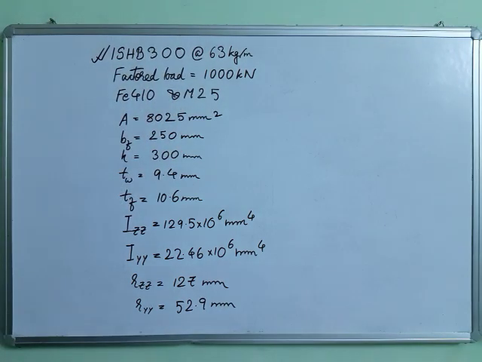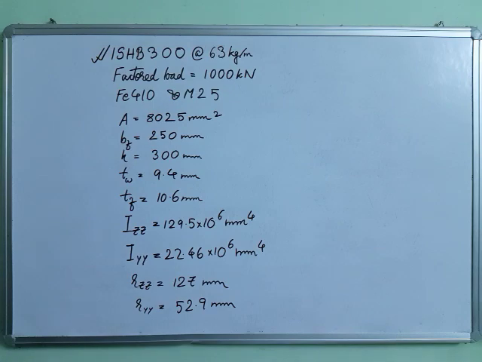So these are the moment of inertia and radius of gyration values for both the axes. After writing these values, our first step is to find out the bearing strength of concrete.